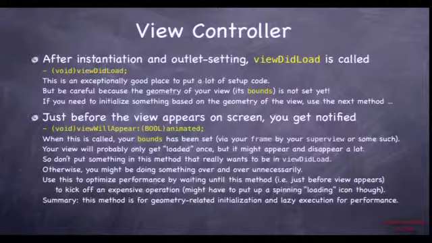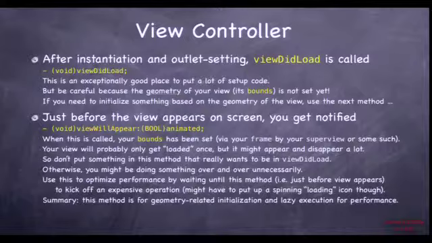So viewWillAppear is sent to you just before your controller's view gets put on screen. So this is an awesome time if you want to make any last minute adjustments based on the view arrangement, the view geometry. It's a great place to do it, because your view has now been sized to whatever size it's going to be, and you can adjust some subviews if you want, or set some settings, or whatever.